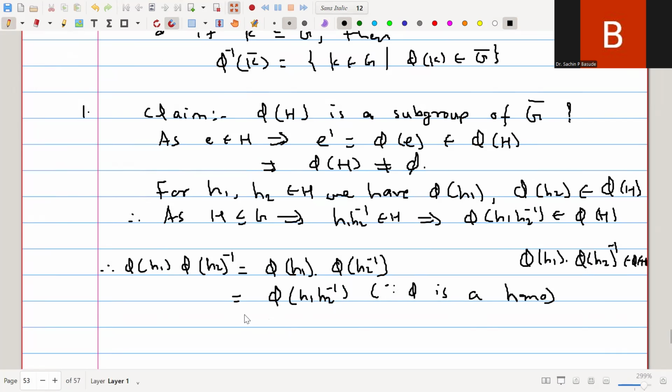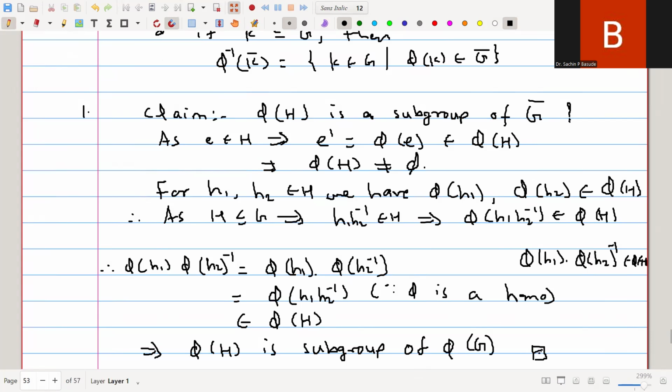So this belongs to phi of H. So first element into inverse of second belongs to phi of H. This proves phi of H is a subgroup of phi of G. That is the first part.